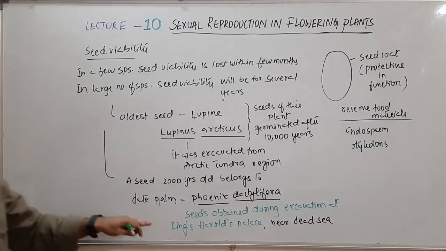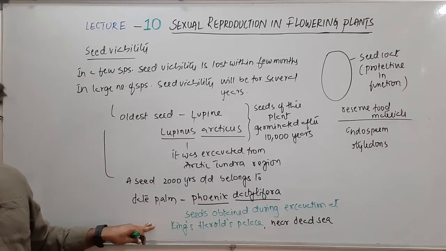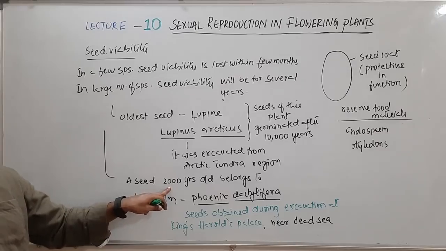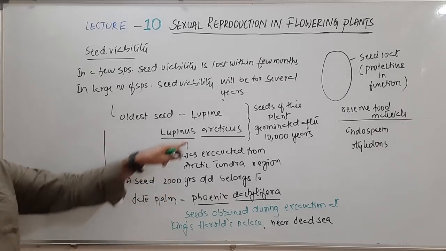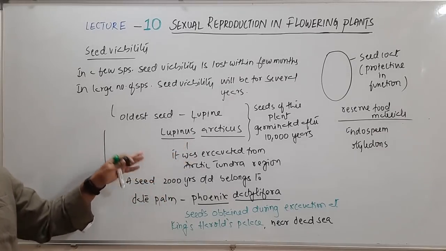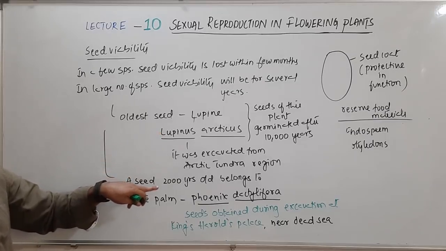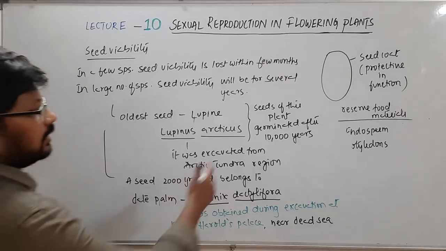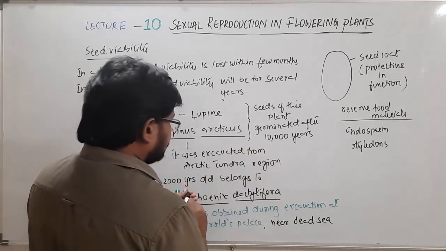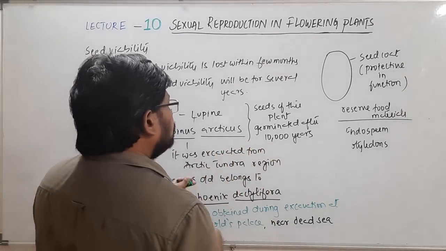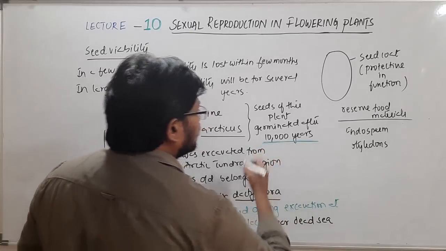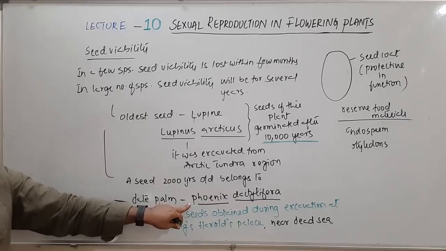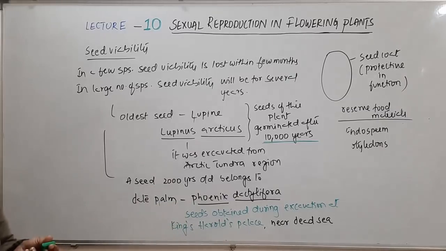And these seeds which they obtained from this location germinated after 2000 years, and in the other case the seeds germinated after 10,000 years. So the seeds of this lupine plant germinated after 10,000 years, whereas the seeds of Phoenix dactylifera germinated after 2000 years.